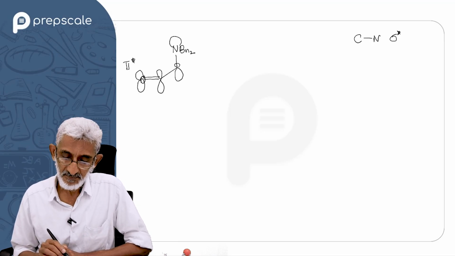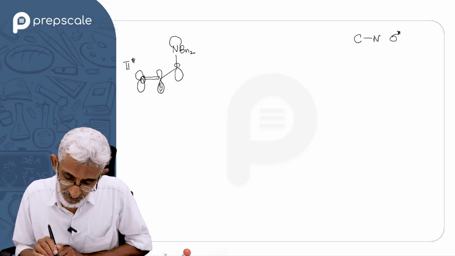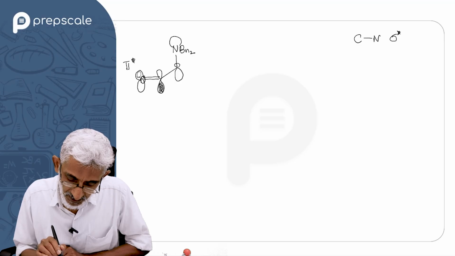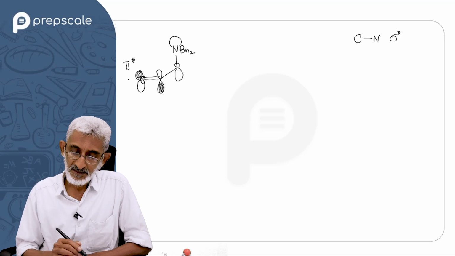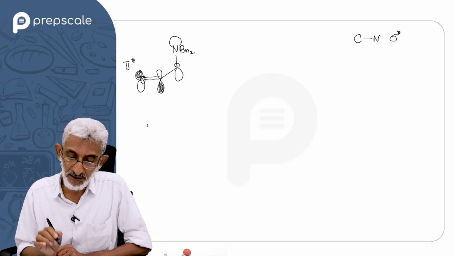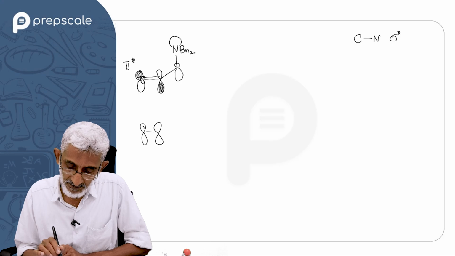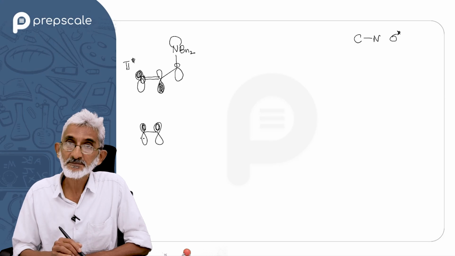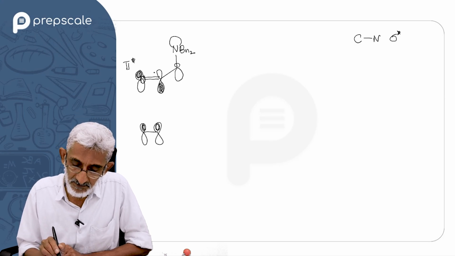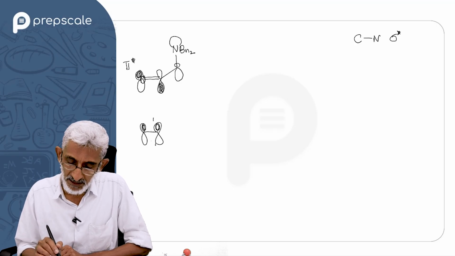Okay. Now, see here, the pi star orbital, I will shade this part and this part. It's a pi star of the carbonyl. Carbonyl has a pi orbital, which we draw like this. This is the pi bonding orbital, with the electrons in the center, and the antibonding orbital is opposite.